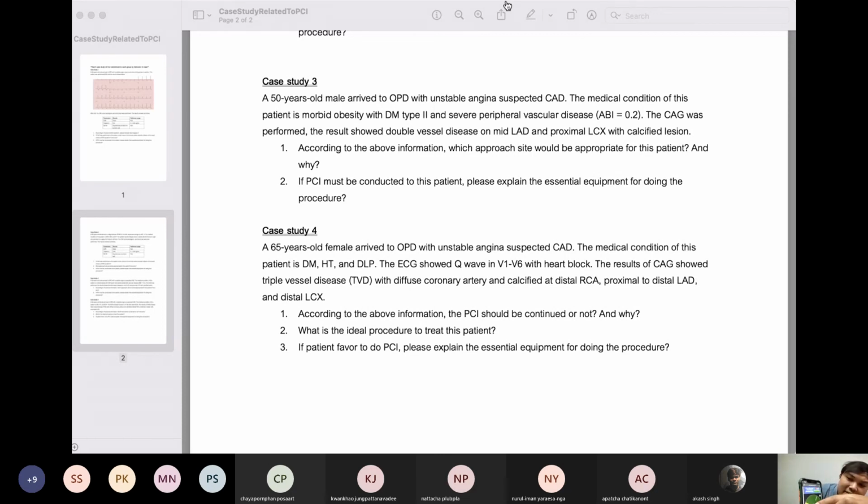I'm going to hit the lucky wheel, and case study 4 belongs to group 1. Congratulations to group 1 for getting case study 4. So the last case study, case study 3, belongs to group 2.